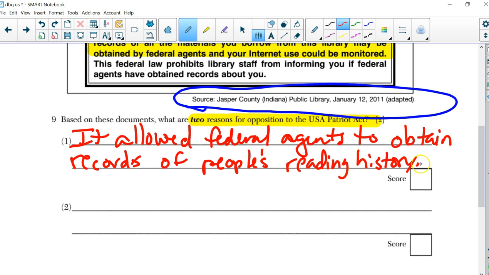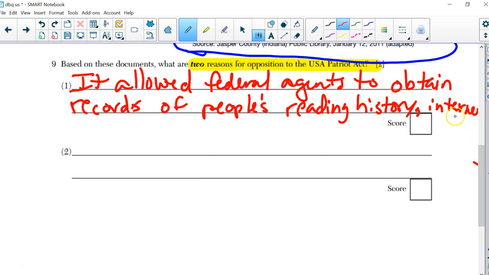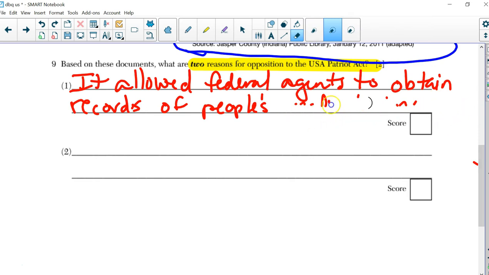Of people's reading history, internet history.